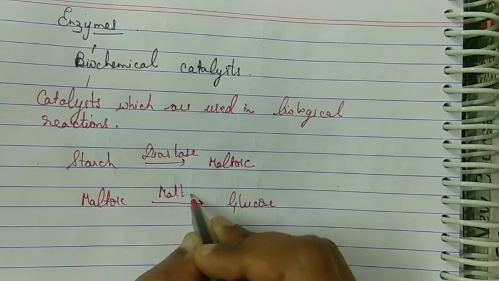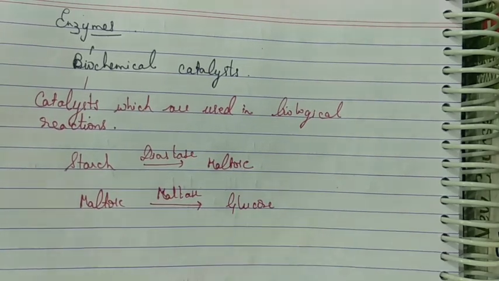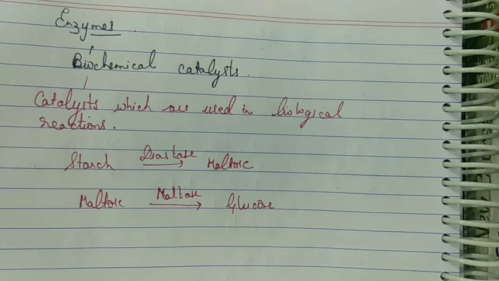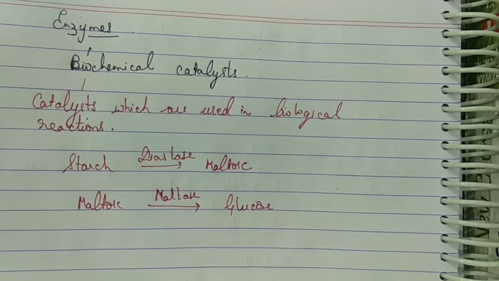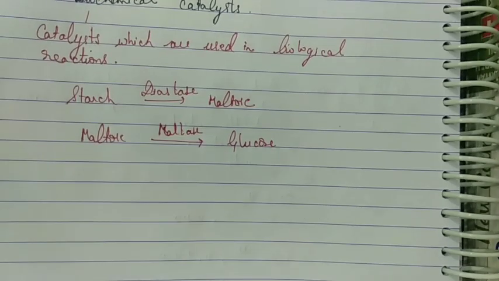Peptidase is used for converting proteins into peptides. Invertase is used for converting sucrose into glucose and fructose. So like this, there are many examples of enzymes. Now what are the characteristics of enzymes?